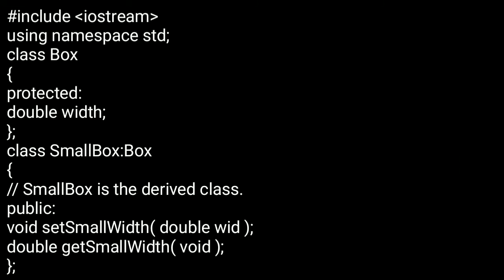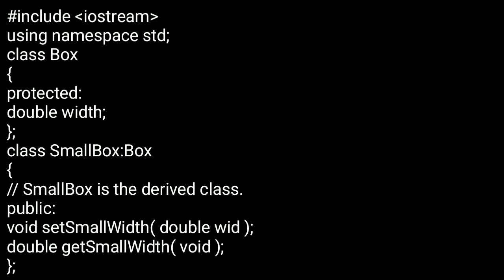Here it is, an example. Here the class is Box, and class SmallBox colon Box. The class SmallBox is the child or derived class of the class Box.